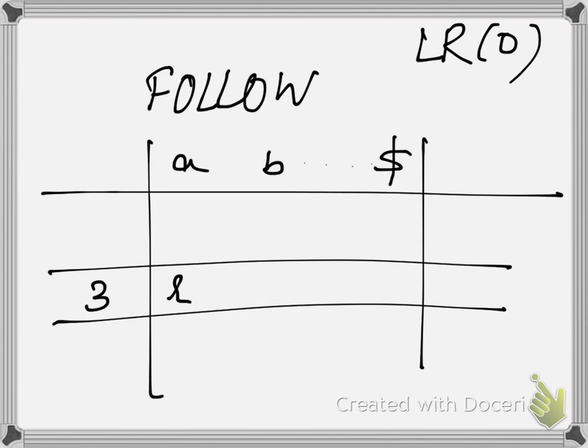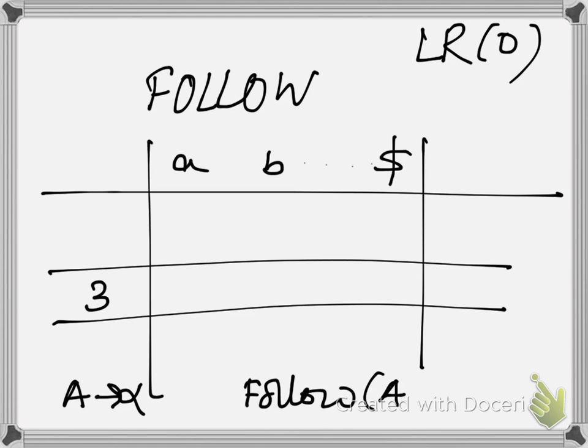In SLR, suppose we get a reduce move for a production A derives alpha. This is the reduce that we are going to do, and we find out what the follow of A is.